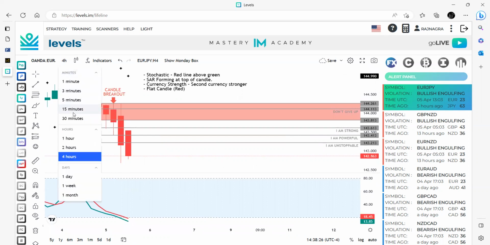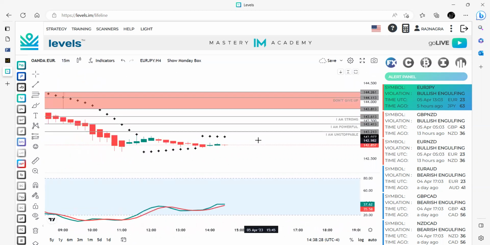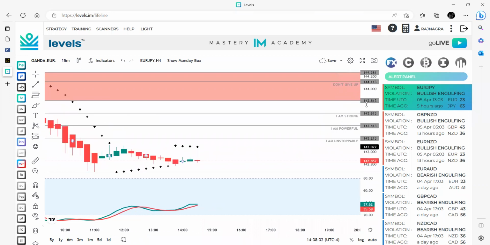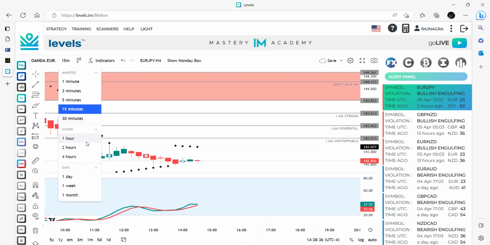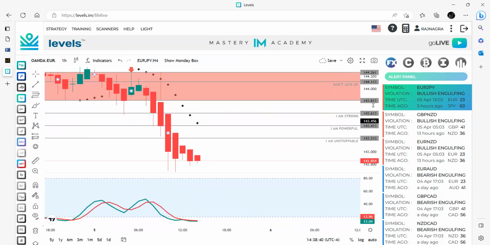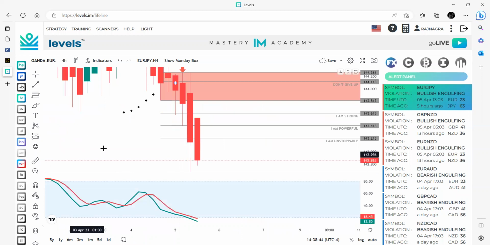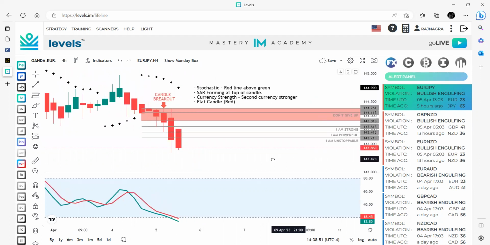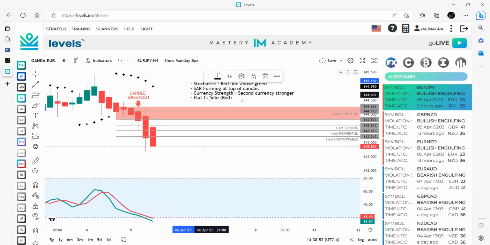If I go to the 15-minute time frame, you're going to see that the entry again is 143.813. If I go to the 1 hour, again, same entry price. If I go to the 4 hour, the same entry price as we were looking at already. So you always want to take your trade analyzing the 4 hour time frame.